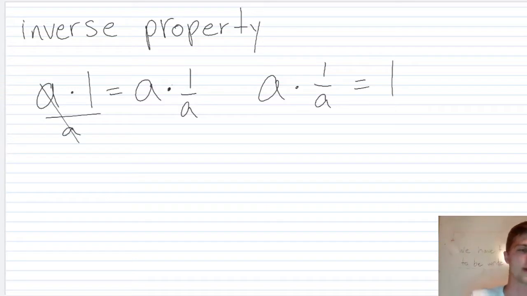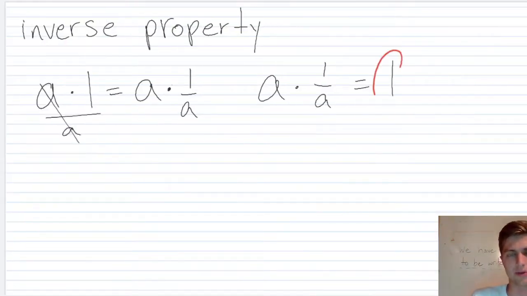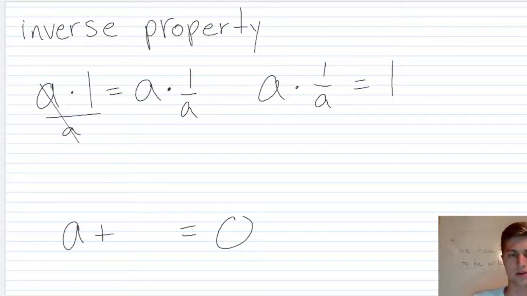Now let's go to the inverse property for addition. What was our special number for addition? It was the 0. For multiplication, we were trying to get the 1. Now we're trying to get to 0. So A plus what equals 0? Well, A plus negative A. This is called the inverse property.